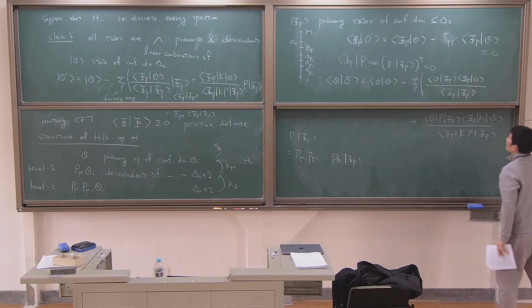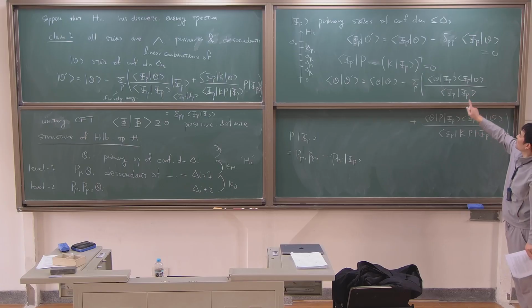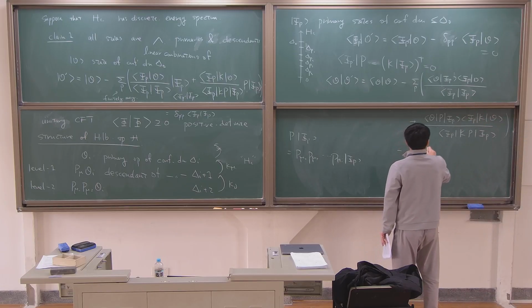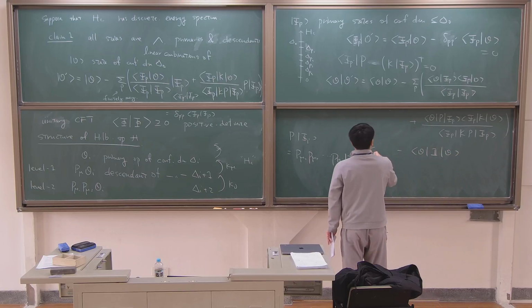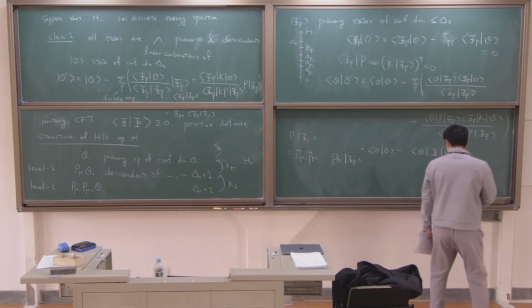So here we just consider the operator times the identity operator O, and this is equal to this one, because we just insert the following operator.